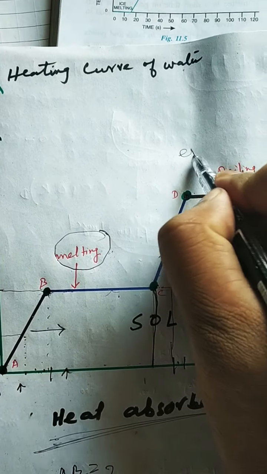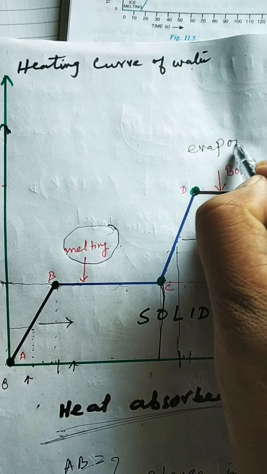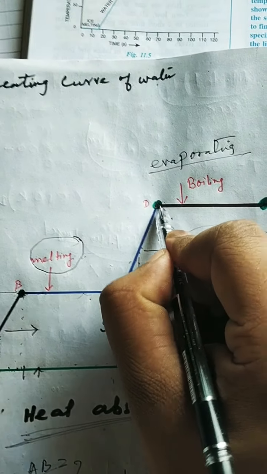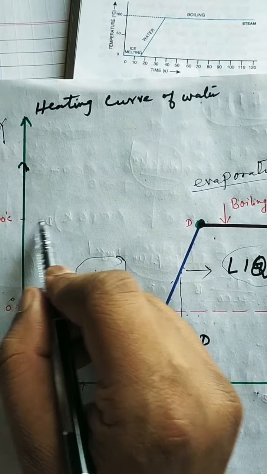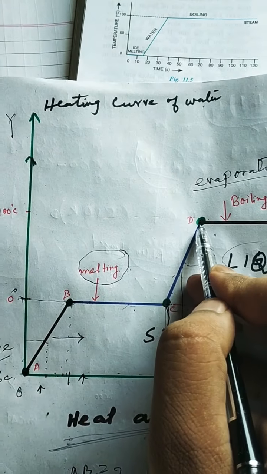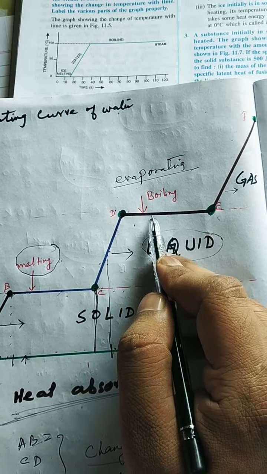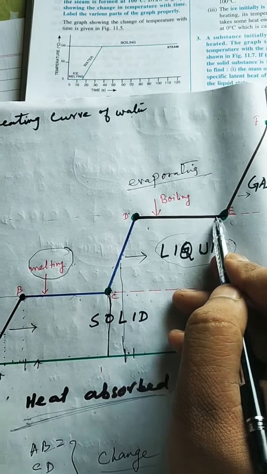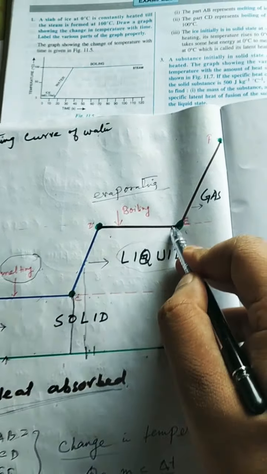the liquid starts evaporating. After reaching this point, if the liquid temperature becomes 100, then the liquid starts boiling. So this curve tells about the boiling.